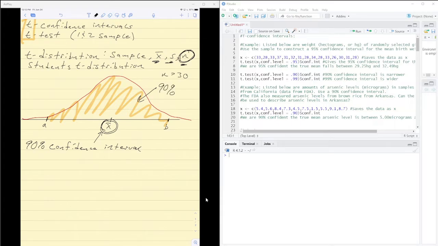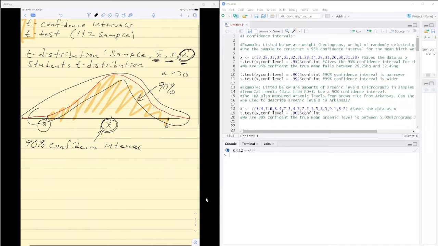We saw how to do that in the normal distribution. But now we're working with t-distribution, so it's a little bit different because we're working with a sample, and this entire distribution will change shape depending on the sample size. And because that's always changing shape depending on the sample size, then changing the sample size changes what these numbers will be. So the sample size does matter in this.